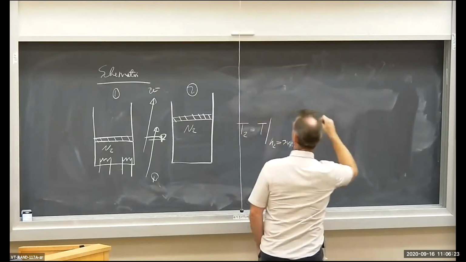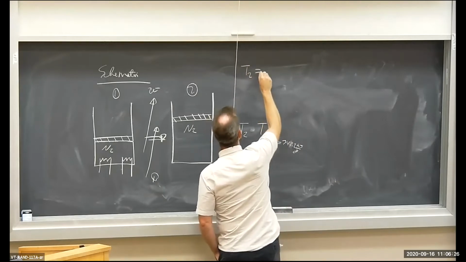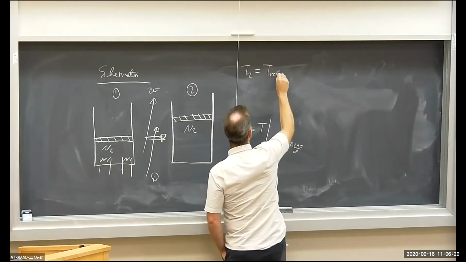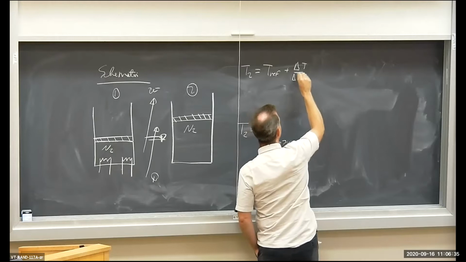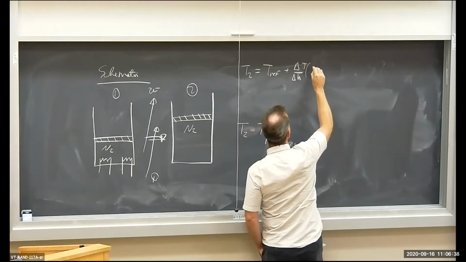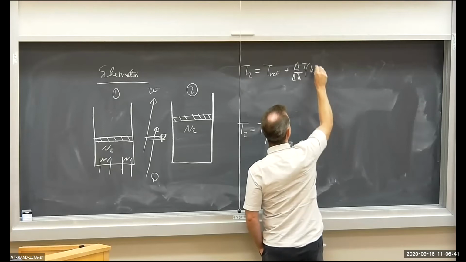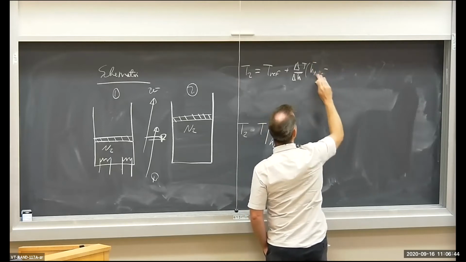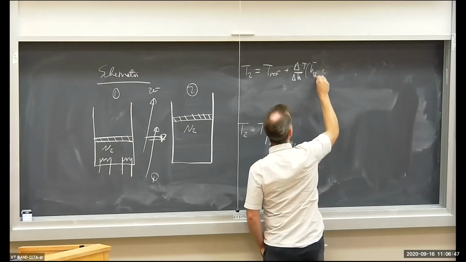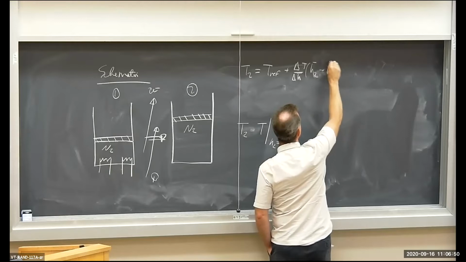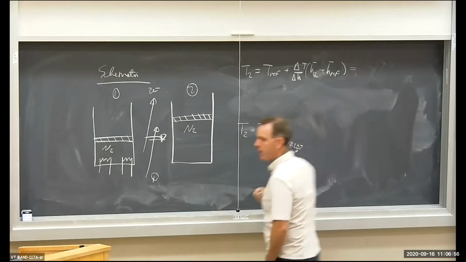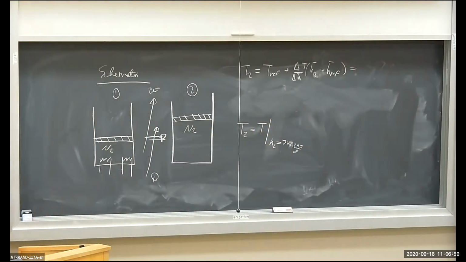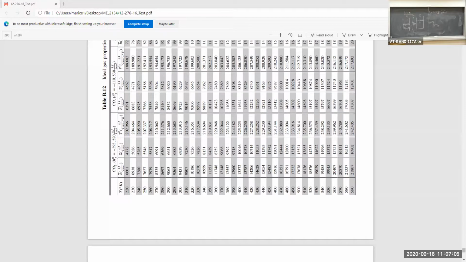T2 is equal to T ref plus delta T over delta H bar, times H bar 2 minus H reference. Okay, so that's our interpolation equation. The reference temperature is going to be 320 degrees Kelvin. That's where I'm going to start.